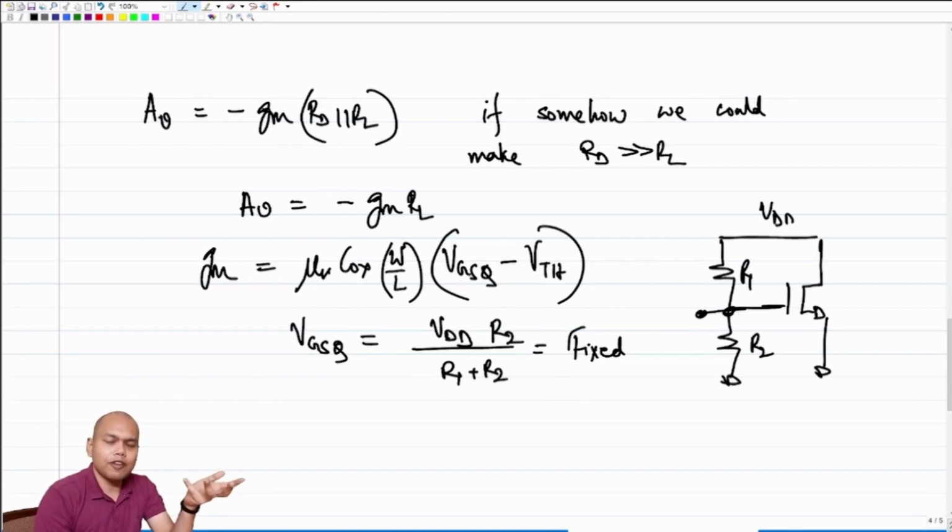So in essence, you'll have to ensure that the electronics, the ICs that you are designing, should be working for a wide temperature range. But clearly, if we design an amplifier the way we have done this common source amplifier, it seems like it will have a lot of temperature variability.